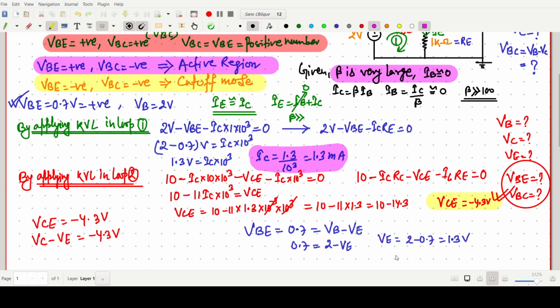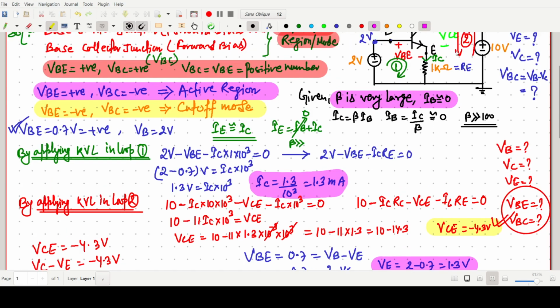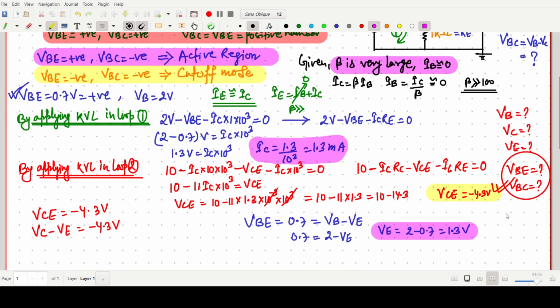This type of practice you have to do, and it is very simple. VE is 1.3 volt. Suppose this is the RE resistance, and VE is 1.3 volt, RE is 1 kilo ohm, and this one is grounded.